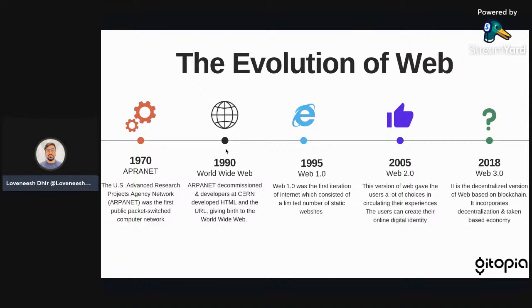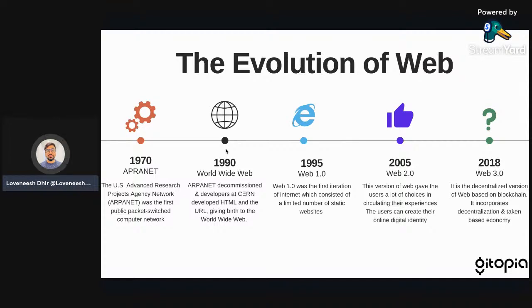As you know now, the entire web industry is based on HTML. So he developed HTML, and developed the URL as well, which gave birth to the World Wide Web.